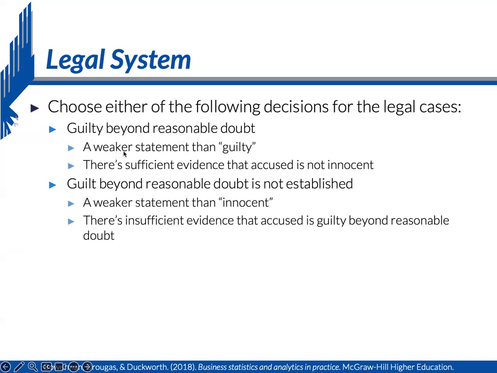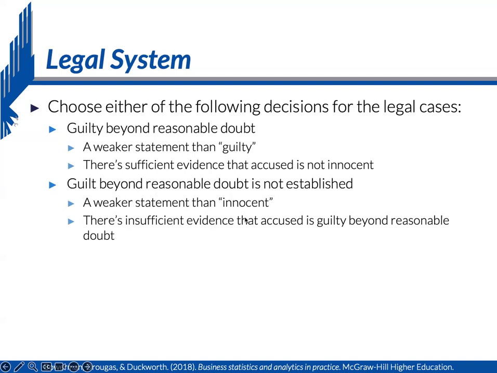So this is a weaker statement than saying that the person is guilty. Because remember, we are not 100% sure that the person committed the crime, but our evaluation provides us sufficient evidence to believe that the person is guilty. Meanwhile, if the evidence is insufficient, instead of saying that the person is innocent, we just say that guilt beyond reasonable doubt is not established.